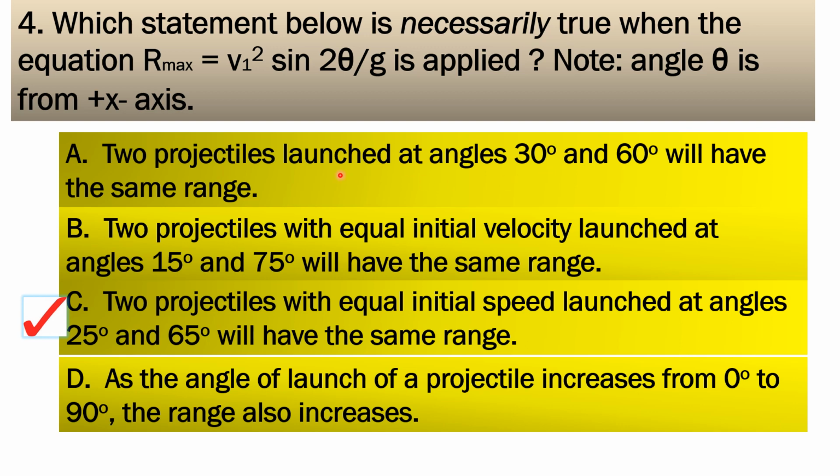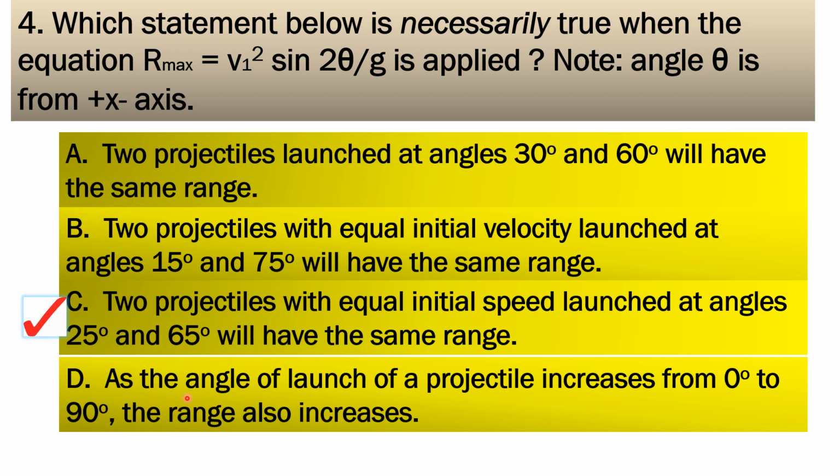So in short, this is not necessarily true, all right? They may be complementary. The 30 and the 60-degree angles are complementary, but no mention whatsoever about their initial speed. So it's not necessarily correct, all right? So we already explained why letter B is also incorrect.